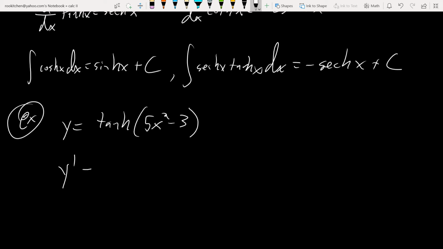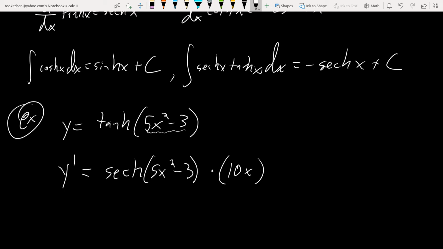So y prime: the derivative of hyperbolic tangent is hyperbolic secant squared of 5x squared minus 3. And then for the chain rule, you have to take the derivative of the guts, the 5x squared minus 3. So that will be 10x. So at the end of the day, rewriting it nicely, the derivative is 10x times hyperbolic secant squared of 5x squared minus 3.